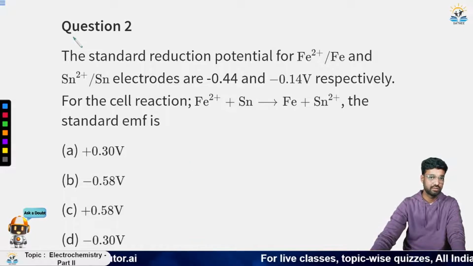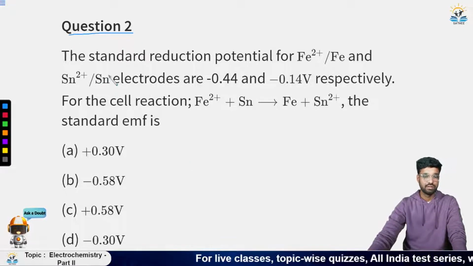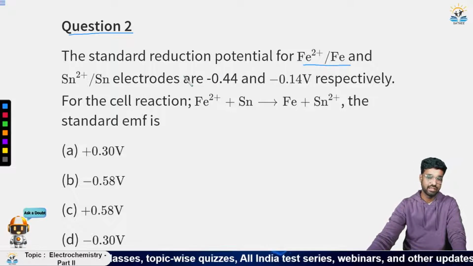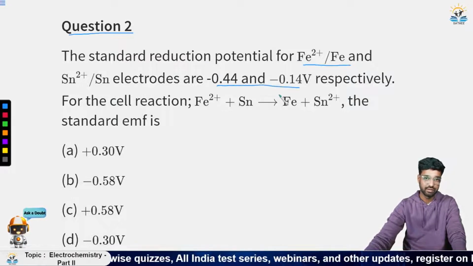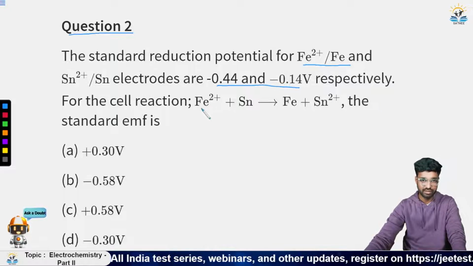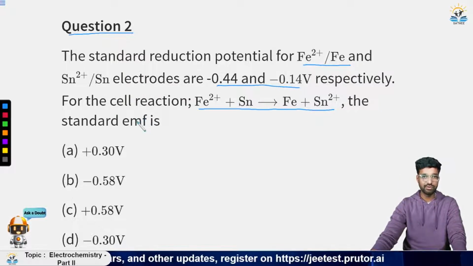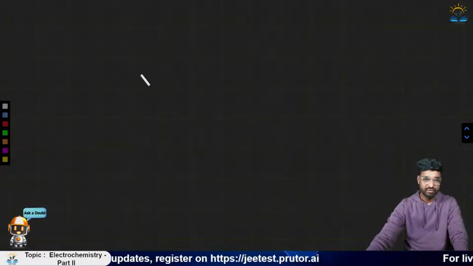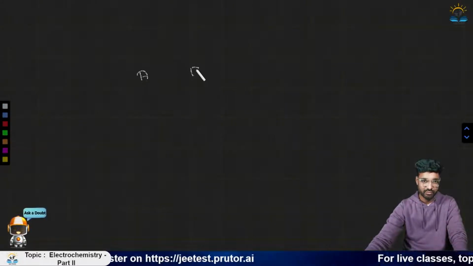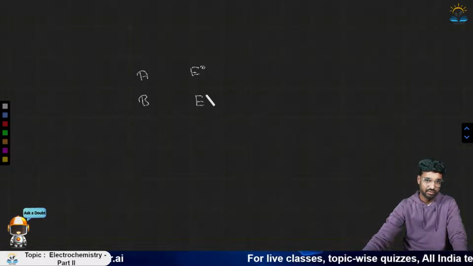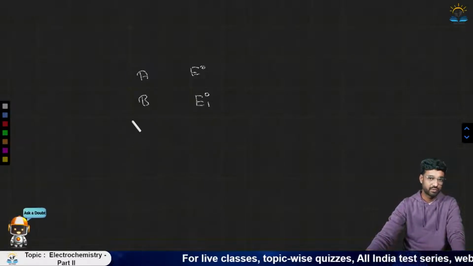Now next, the standard reduction potential for Fe2 plus to Fe and Sn2 plus to Sn is given respectively. For the cell reaction, what is Fe2 plus and Sn? Now one thing I want to make clear here is that suppose we have reaction A which has a cell potential of E0 and a reaction B which has a cell potential of E0'.